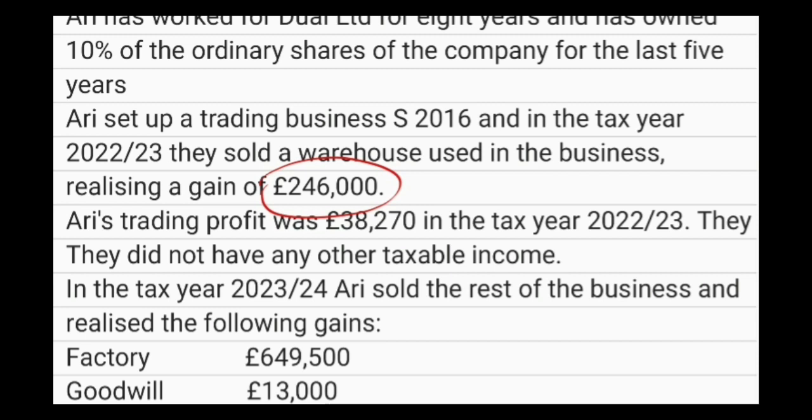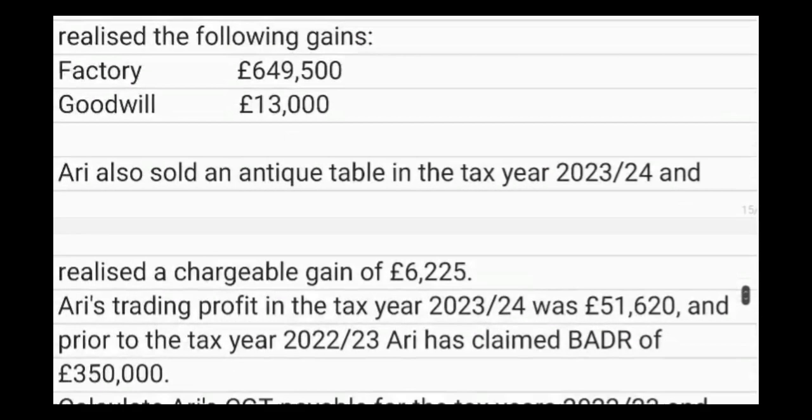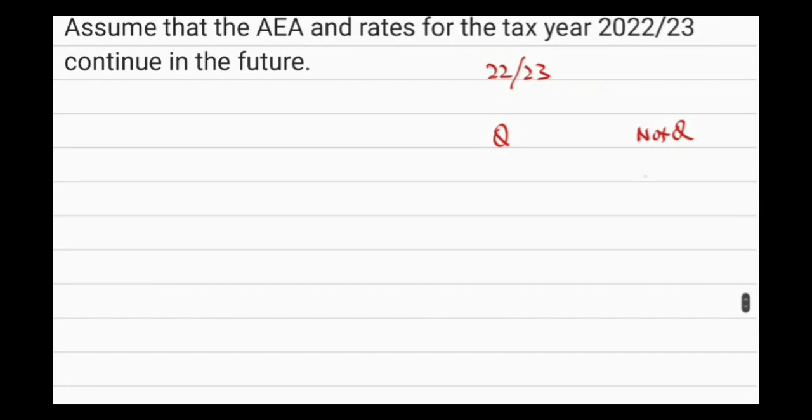So in 22-23 we are not selling the business, we are not eliminating the business activities. So this sale of warehouse won't qualify for business asset disposal relief. So it will be recorded here, 2,46,000.